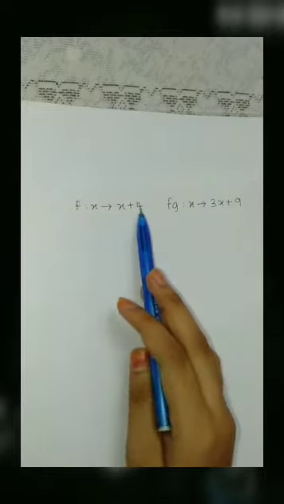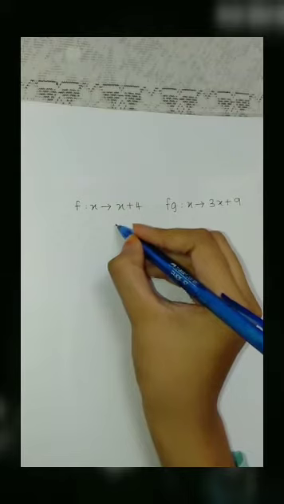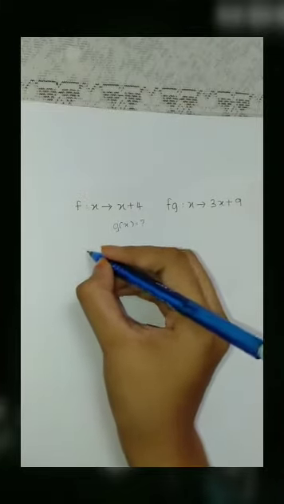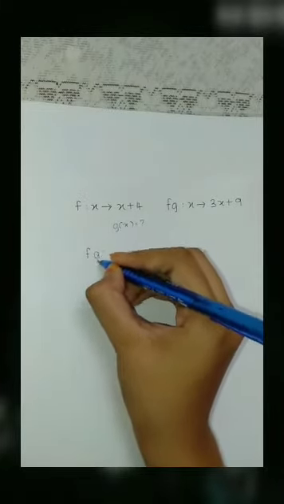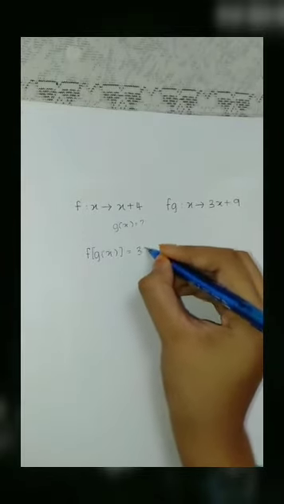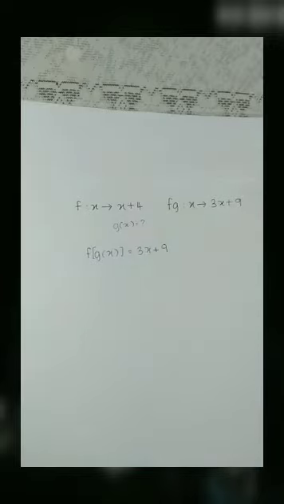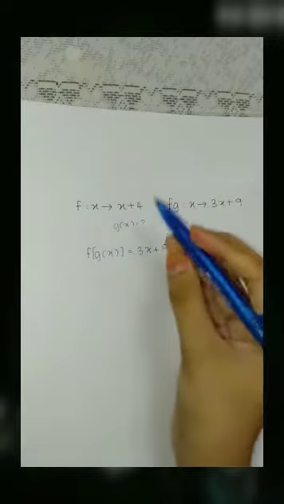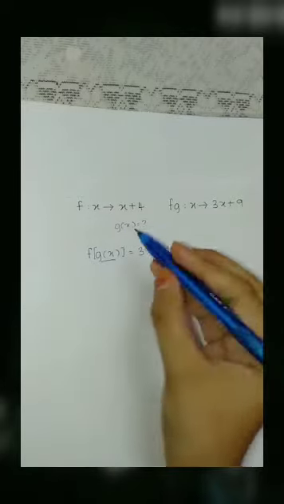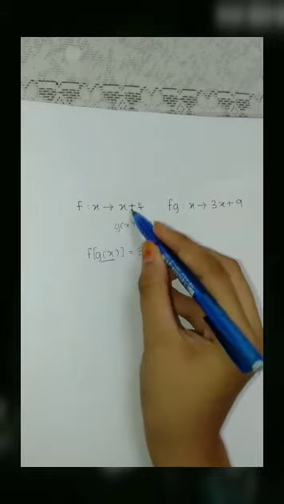Here it is given that fx equal to x plus 4 and fgx equal to 3x plus 9. So we have to find the function of g. So first we have to write it like this: f g x here equal to 3x plus 9. So the function that we have to find is already located inside the function, so we just have to replace this in here.